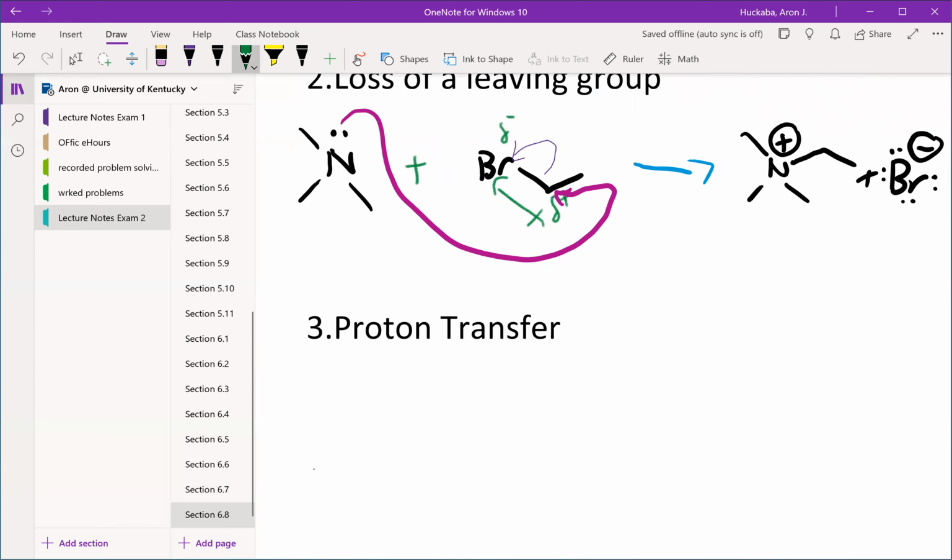And in this mechanism, you have, let's say, acetic acid or vinegar here. And this comes into close proximity with, let's say, maybe water.